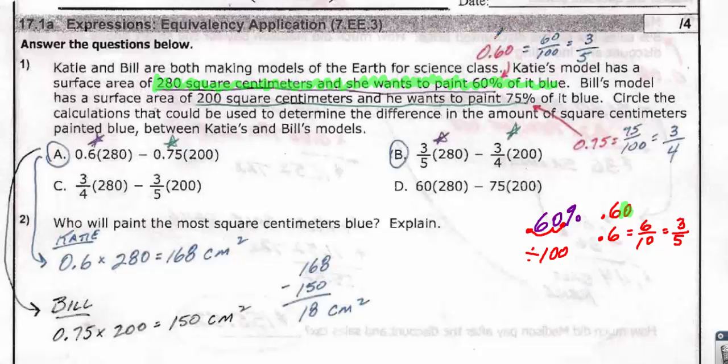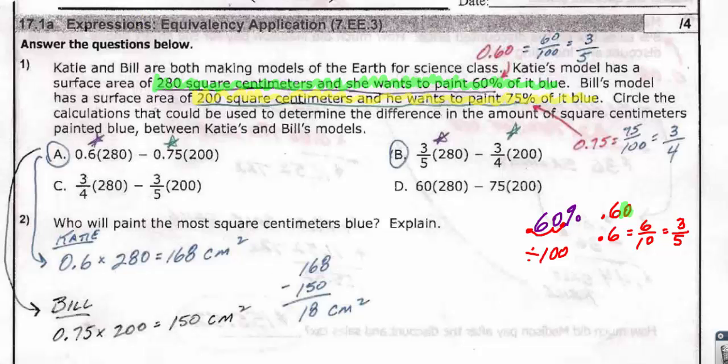When I wrote it on the answer key up at the top here, I wrote it as 0.60 because that's what a lot of students do, and I wanted to show them that the same thing happens. 60 over 100, 3 over 5. The second part, Bill's part of this model, he has 200 square centimeters. He's going to make 75% of it blue. Same idea. 0.75, 75 over 100, 3/4.